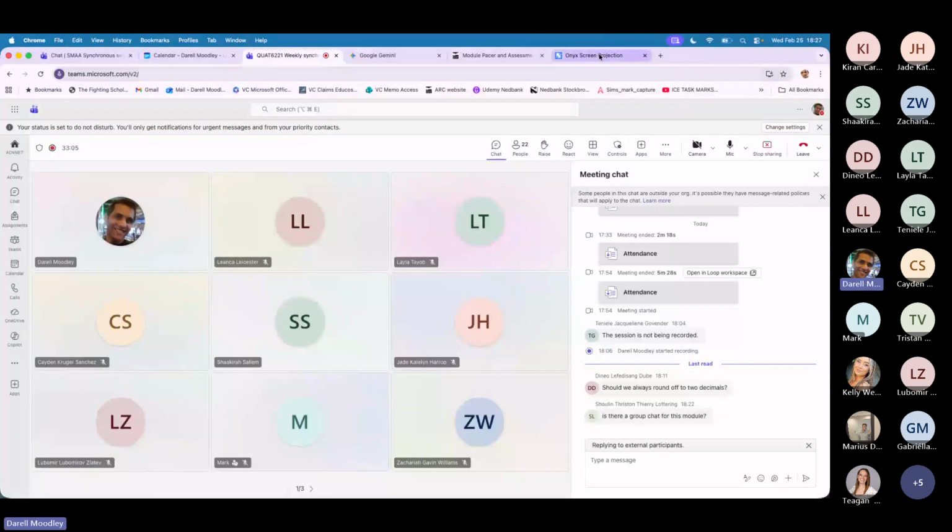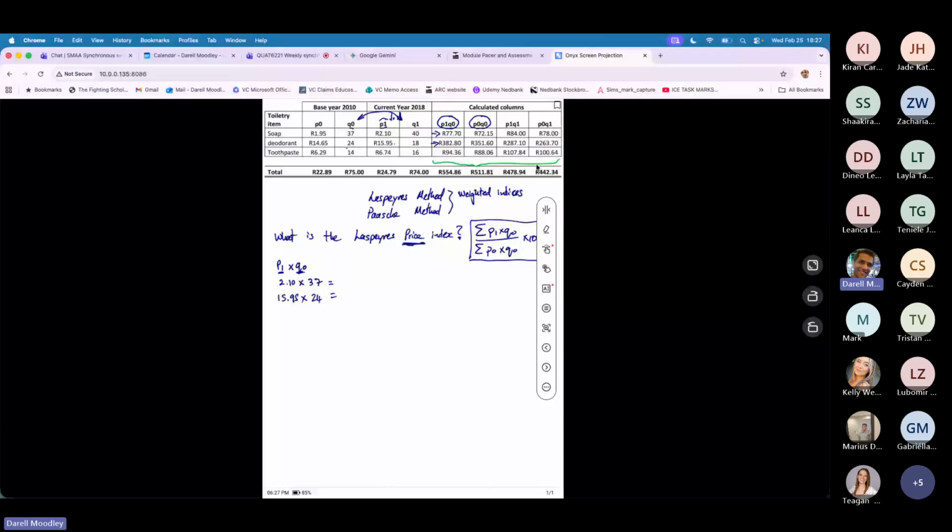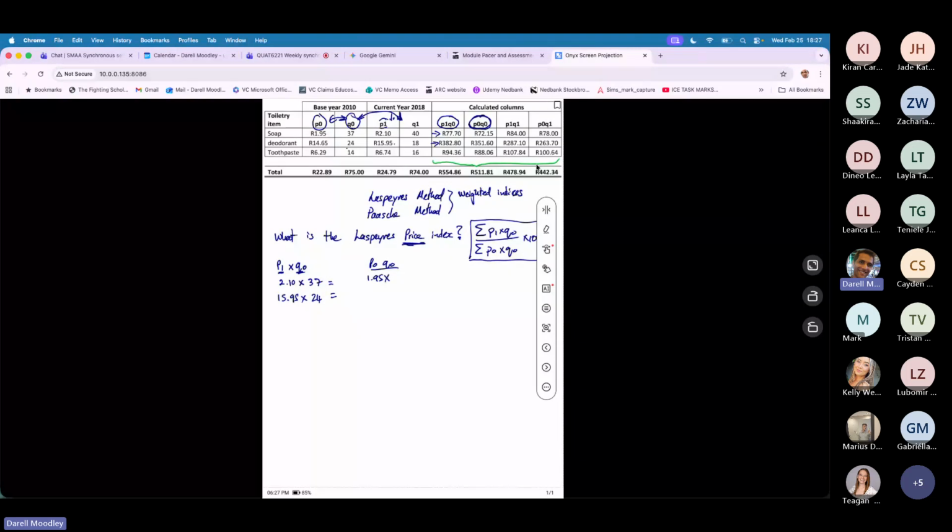Okay, all right. So now we're going to do this column, P0, Q0. We look at the P0 column, which is here, and the Q0 column here, and we multiply these two columns. So the first value is 1 Rand 95 times 37, because that's the value in your Q0 column.